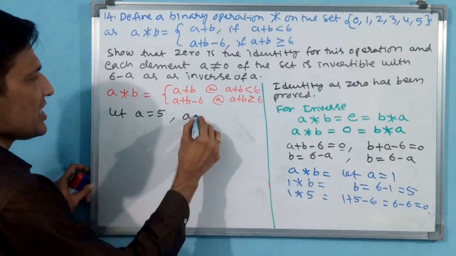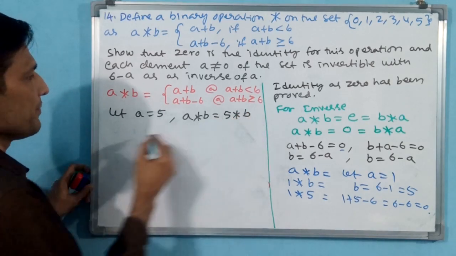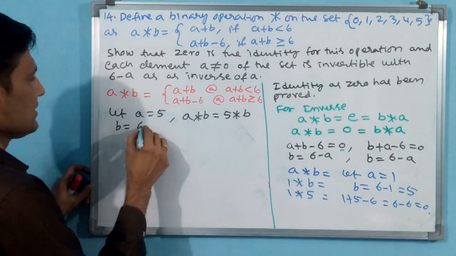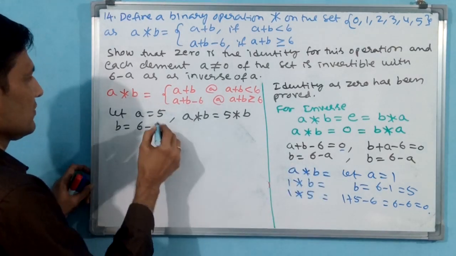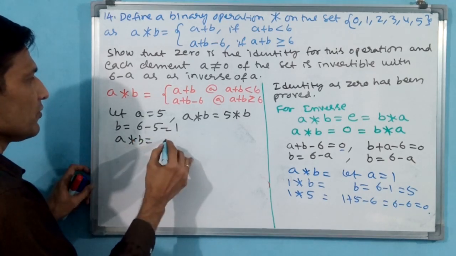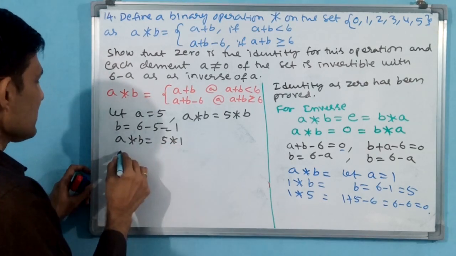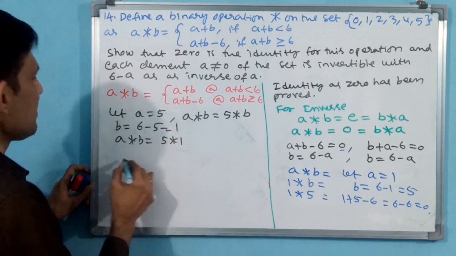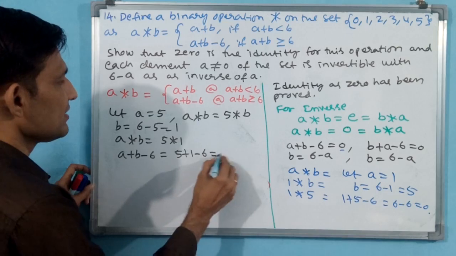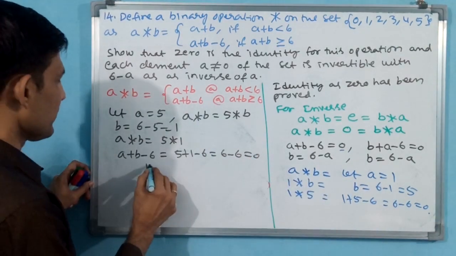Then A star B is equal to 5 star B. How much will B come? 6 minus A, here 6 minus 5, that is equal to 1. That means A star B is equal to 5 star 1. A star B is equal to A plus B minus 6, that is equal to 5 plus 1 minus 6, that is equal to 6 minus 6, that is equal to 0. 0 has come. Hence proved.